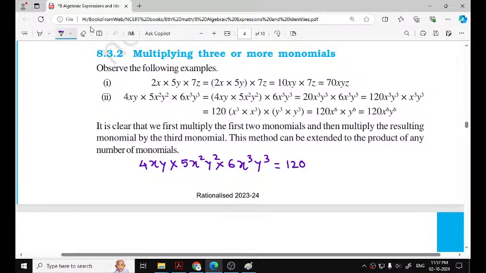Then this x into this x square into x cube, so the powers are 1 plus 2 plus 3, because we have 3 terms of x with different powers. Now what are the powers of y? 1, 2 and 3. So y can also be written as y raised to 1 plus 2 plus 3. So our answer is 120 x raised to 6 and y raised to 6.